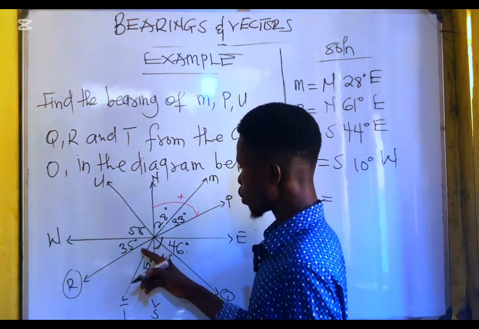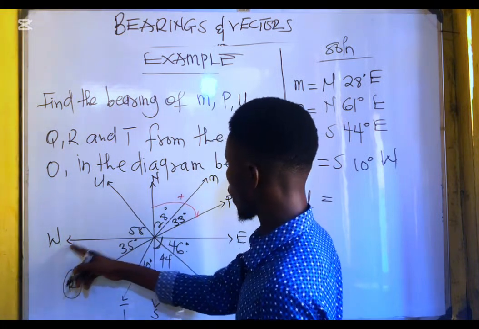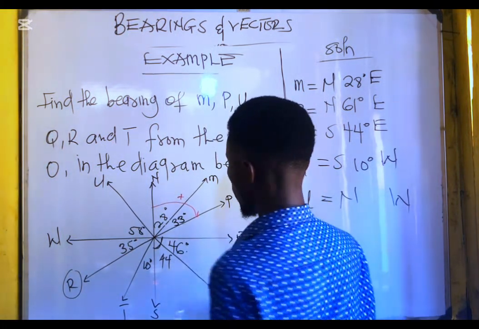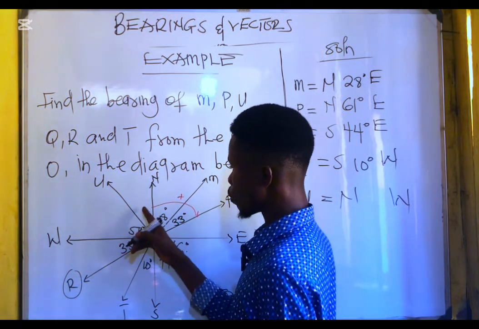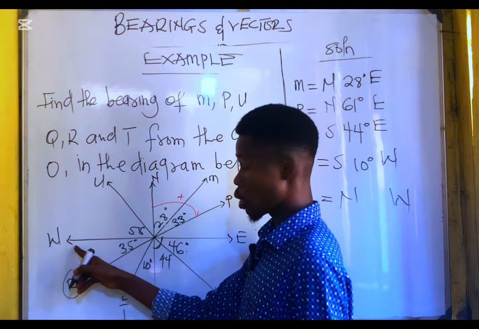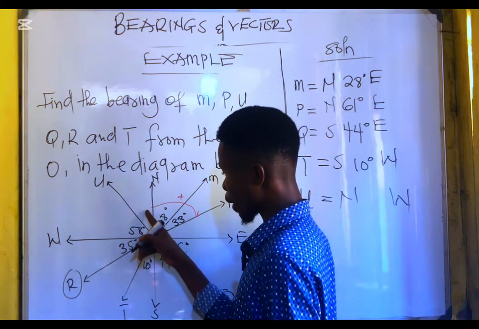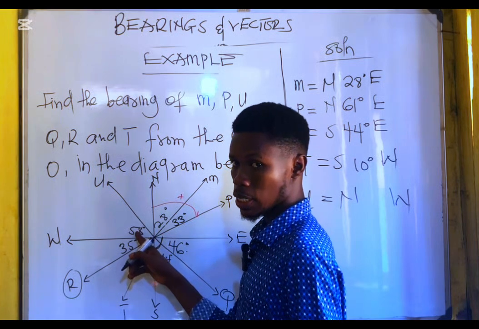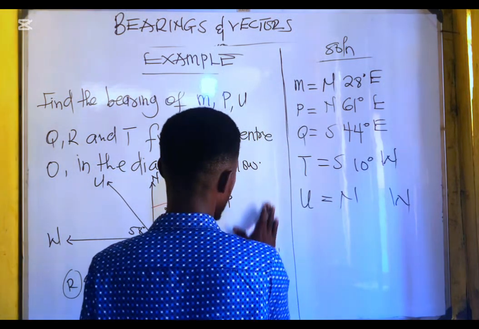Now the U is between west and the north. So you write it as north, then west. The number there is not between U and the N, but rather between U and the W, the west. So you should get the number here. You simply subtract 58 from 90.